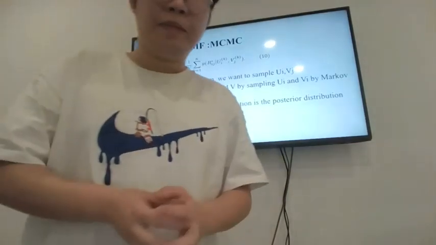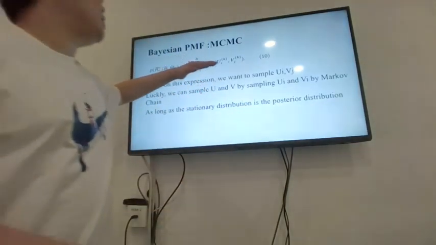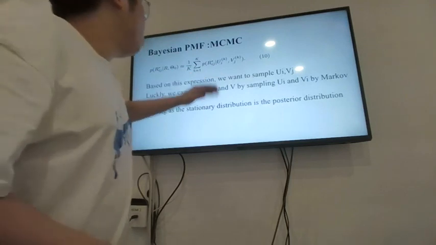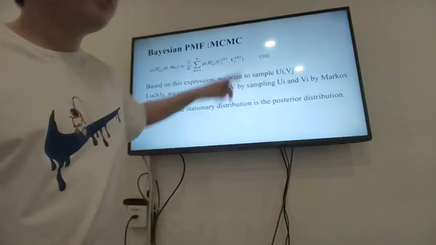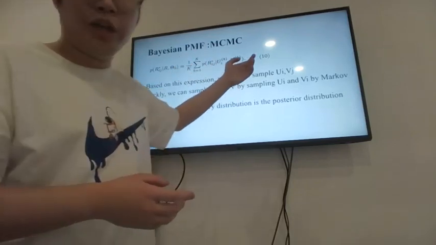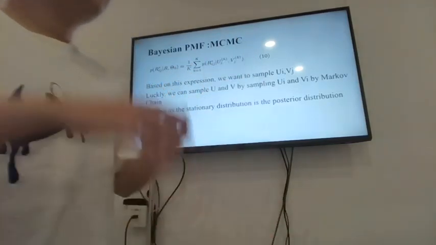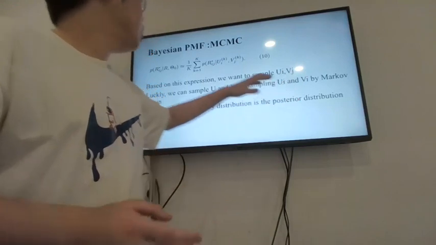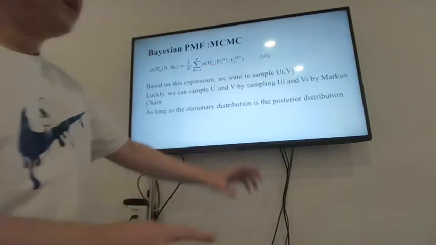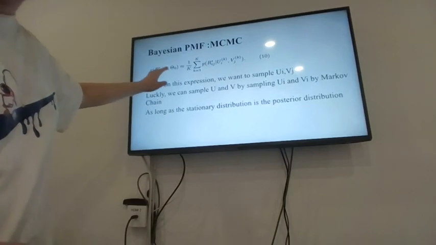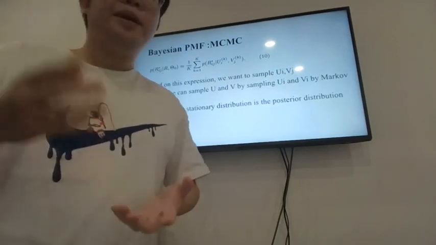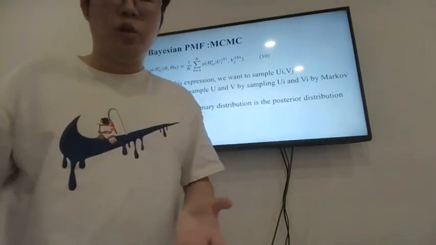More precisely, you can see this equation. If we can sample Ui and Vi, then we can calculate the probability. After sampling enough Ui and Vi and taking the average, we can approach the true value of the probability. That is the basic idea of Monte Carlo simulation.